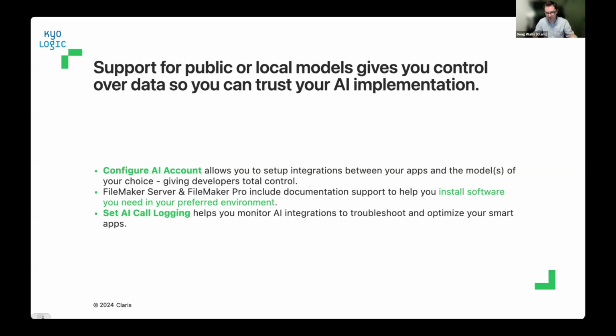There are a couple of Python scripts that have to be run, but we give you all the information, telling you how to install Python and get everything to work on your system really easily. On top of that, we've made sure that we have sufficient logging so that you can troubleshoot when you have issues, when data is being sent back and forth with the AI.